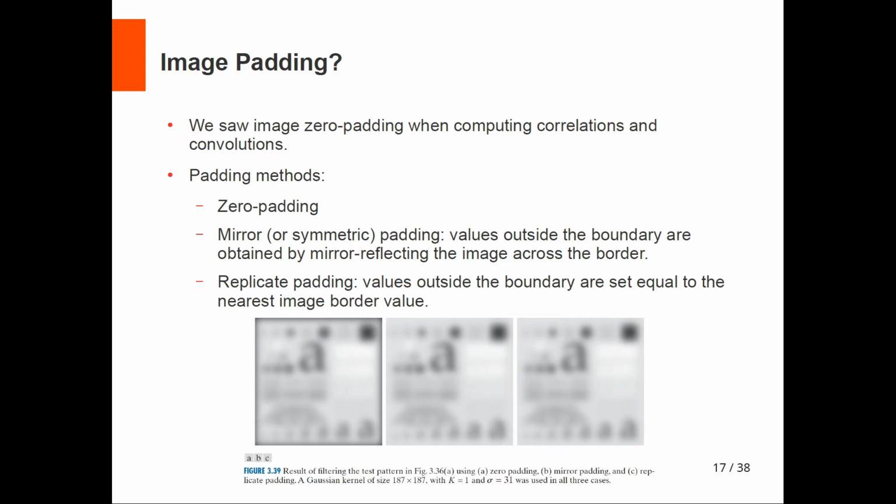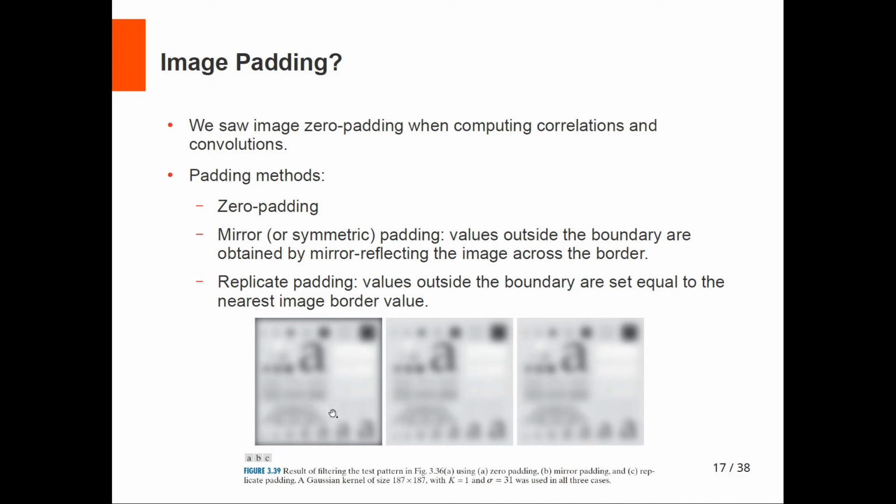In addition to zero padding, we can have mirror or symmetric padding, in which values outside the boundary are obtained by mirror reflecting the image across the border. And we can have replicate padding, in which we replicate the values outside the boundary equal to the nearest image border value. So you see the effects of different types of padding here too.